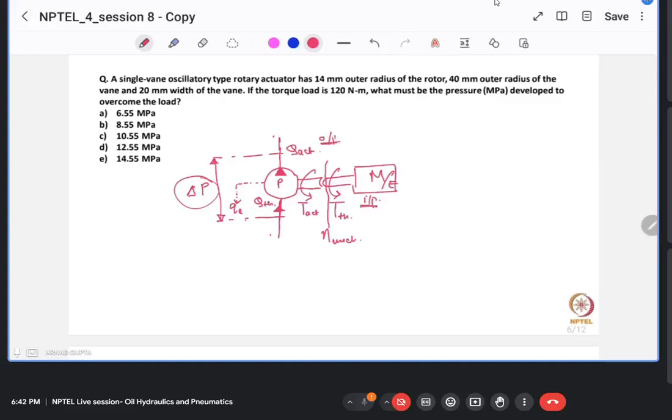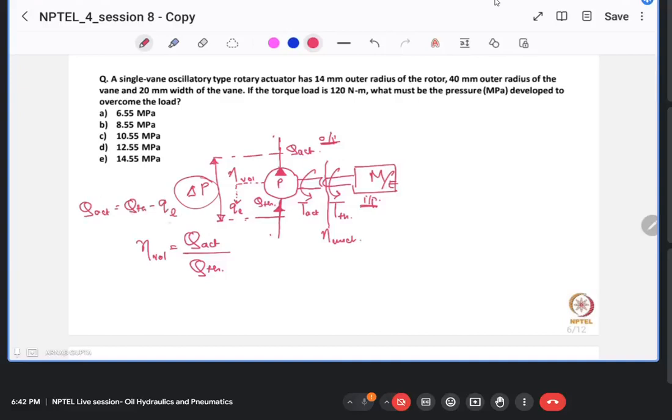This was your input. Now, if you try to look into the energy terms, it will be easy. Here your volumetric efficiency comes into action. Your volumetric efficiency is Q actual, the smaller term because that is the output here, divided by Q theoretical. You need to keep in mind that Q actual is Q theoretical minus the leakage.